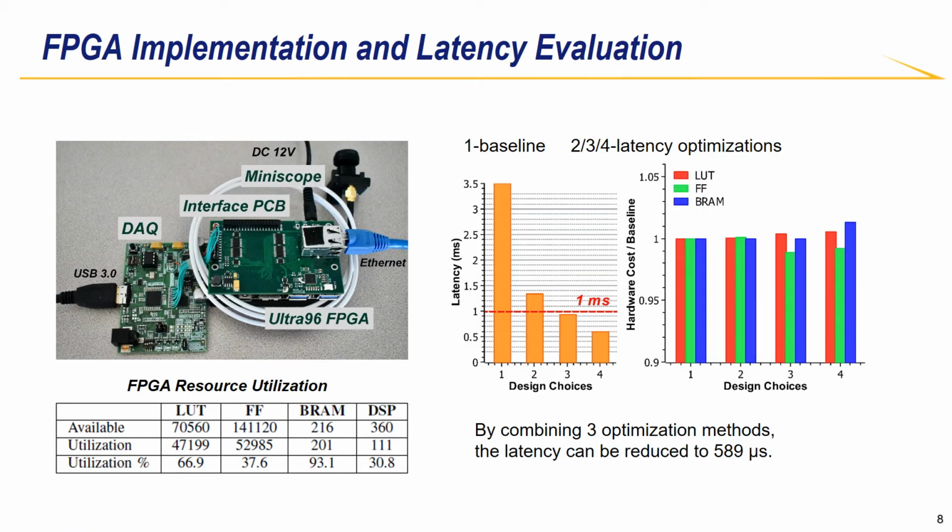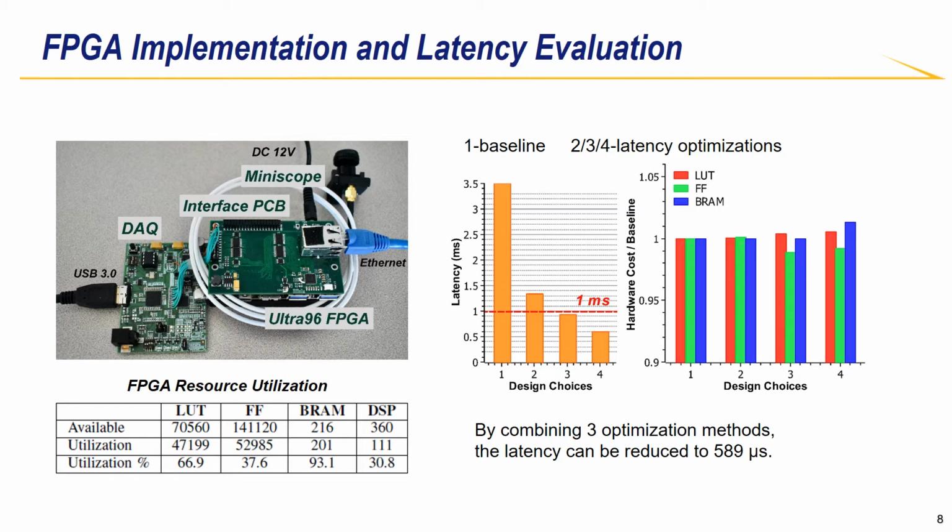We implemented our FPGA hardware design based on the Xilinx Ultra 96 platform. The implantable Miniscope connects with the DAQ over a coax cable. The Miniscope clock, synchronization signal, and 8-bit data signals are routed from the DAQ to the interface PCB through fly jumper wires.